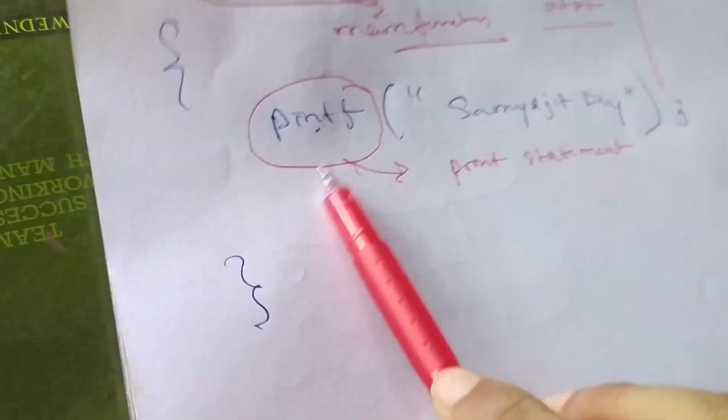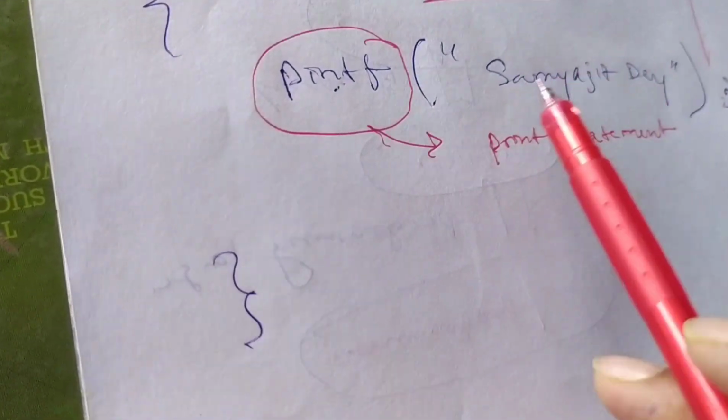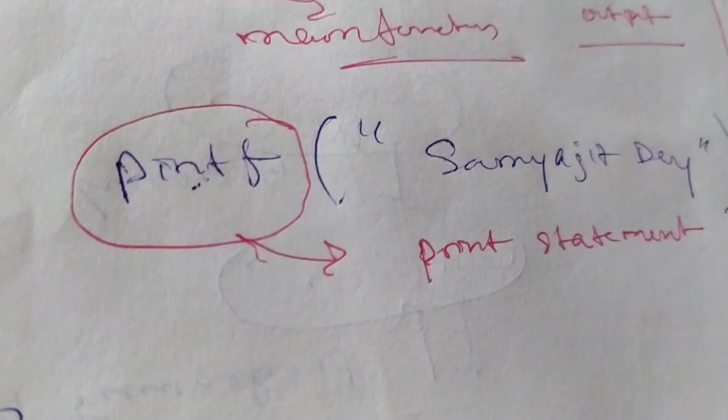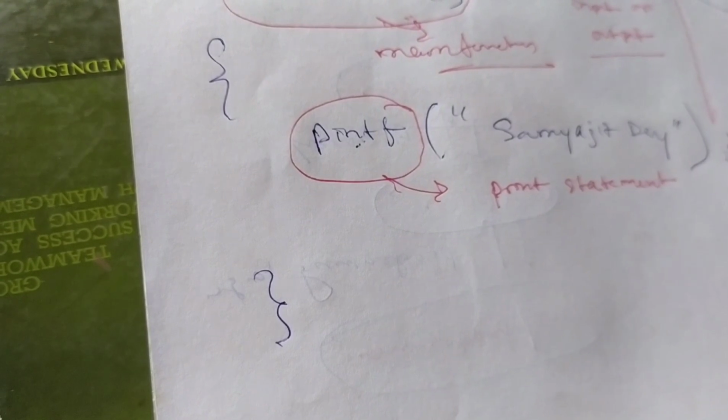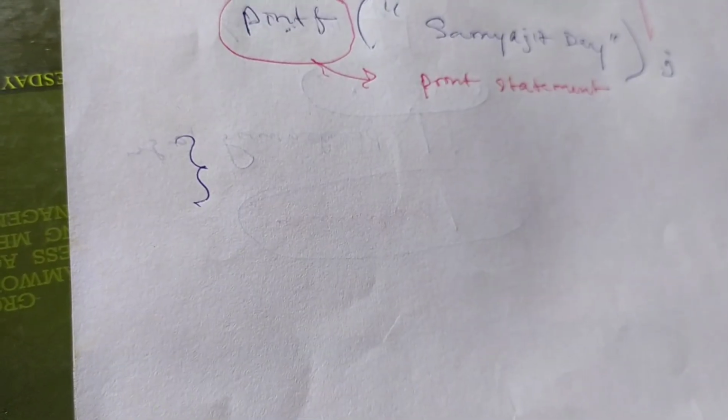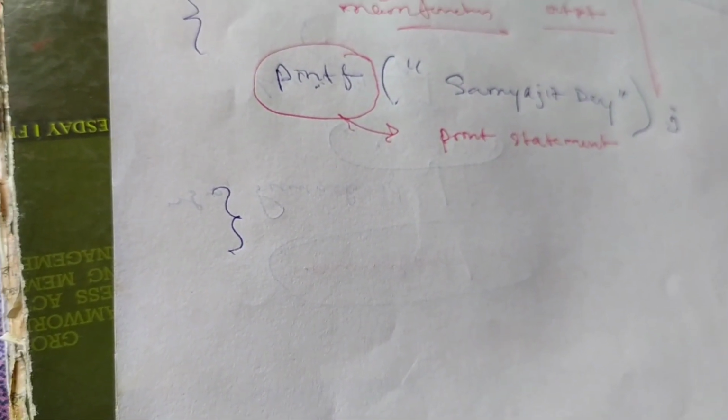This is the basic program, so I want to print my name, so I have written printf Shomojit De, and then the parenthesis is closed. Now the question arises where should we write this program, or how will we write this program? To execute this program we need a compiler.